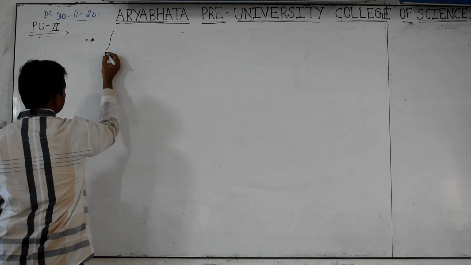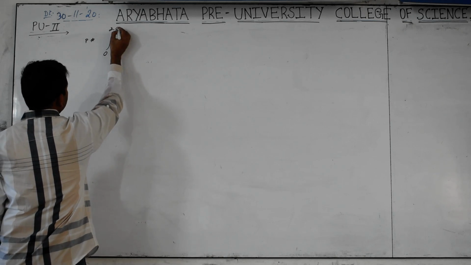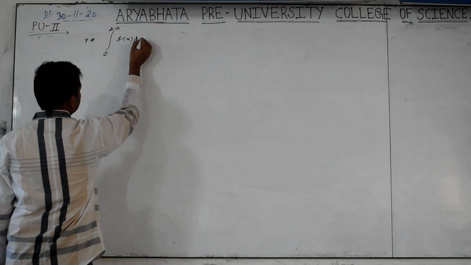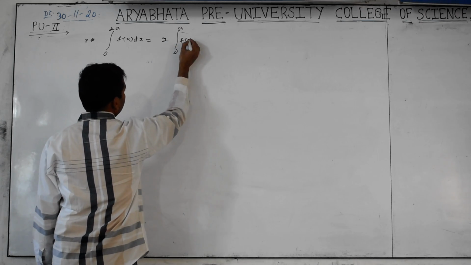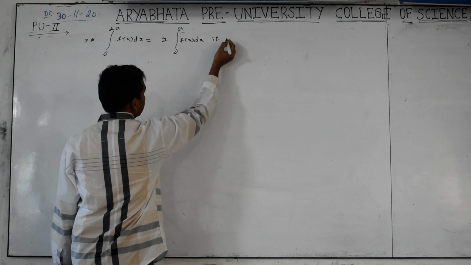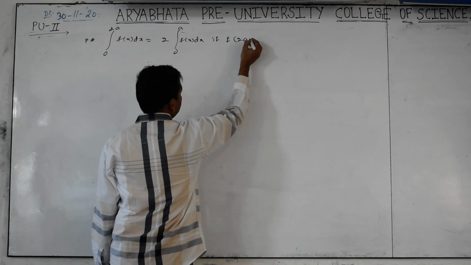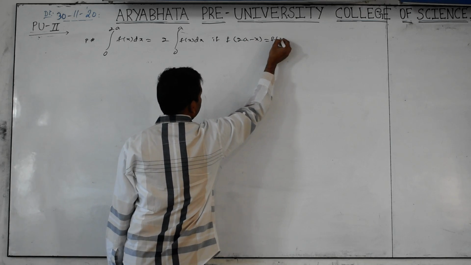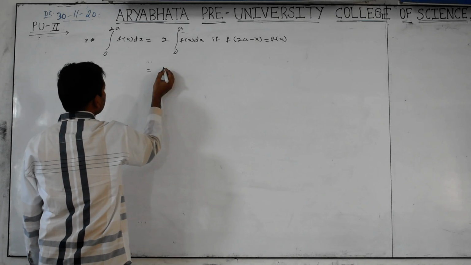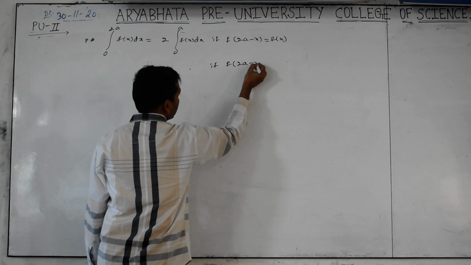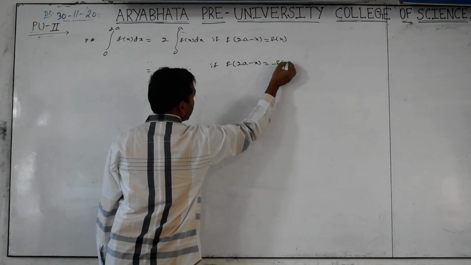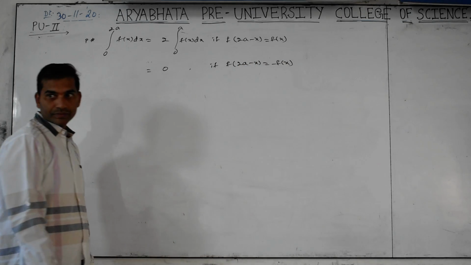Integration of 0 to 2a f of x dx equal to 2 into 0 to a f of x dx, if f of 2a minus x equal to f of x, and this is equal to 0 if f of 2a minus x equal to minus f of x.